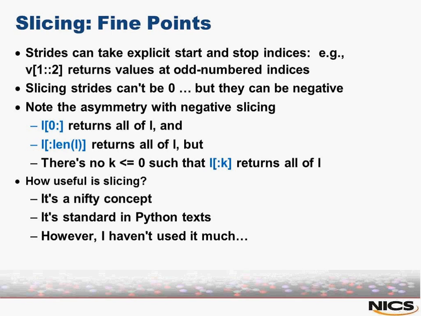Your stride can't be 0. And there's a slight asymmetry that you can check out in my notes. It's a new concept, a very slick way of saying, give me a chunk of an array in a particular way.